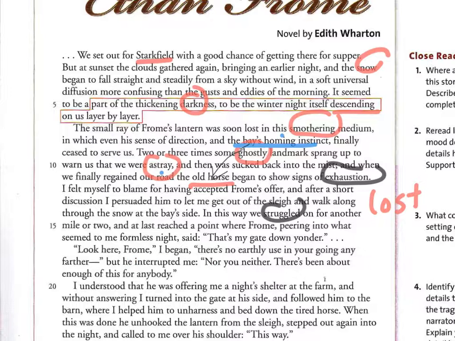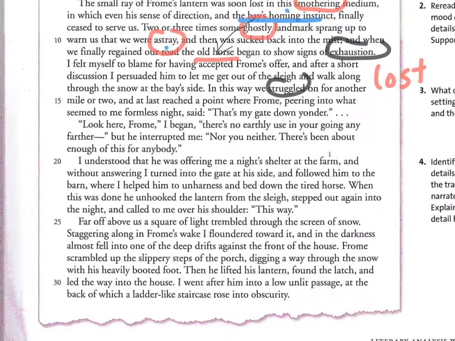"Look here, Fromm," I began. "There's no earthly use in your going any farther." But he interrupted me. "Nor you neither. There's been about enough of this for anybody." I understood that he was offering me a night's shelter at the farm, and without answering, I turned into the gate at his side and followed him to the barn, where I helped him to unharness and bed down the tired horse.